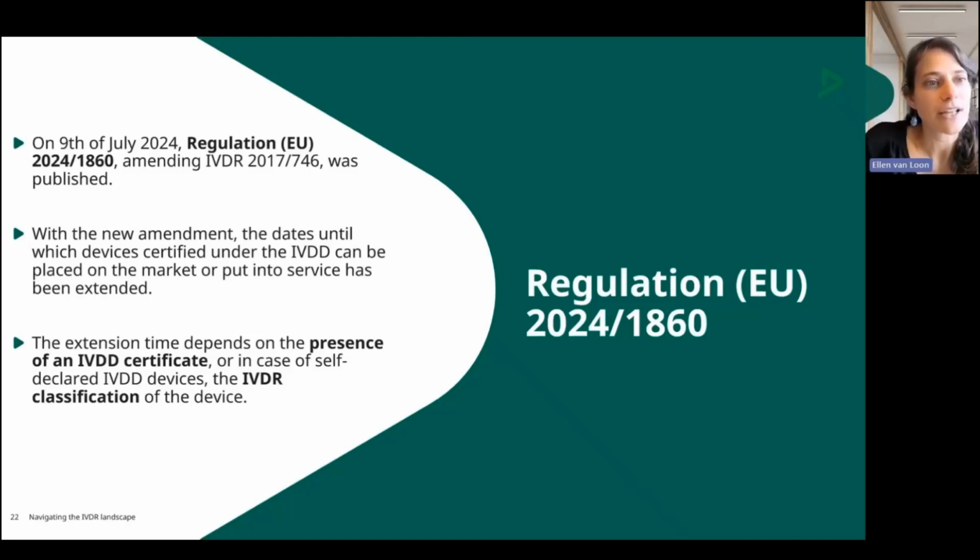On the 9th of July, this amendment was published, and with this new amendment, the dates until which devices certified under the IVDD can be placed on the market or put into service have been extended. This extension time depends on the presence of an IVDD certificate, or in case of self-declared IVDD devices, on the IVDR classification of the device.